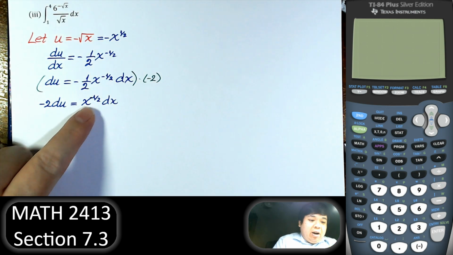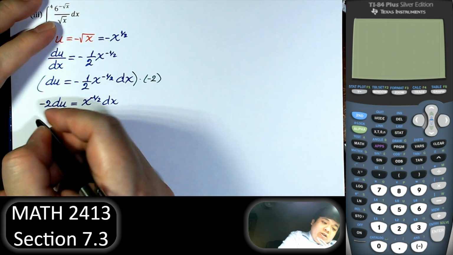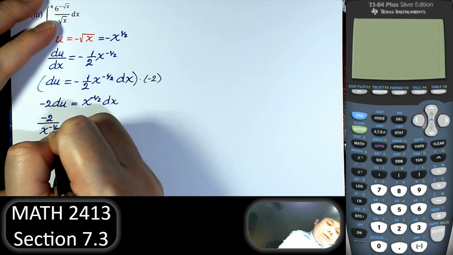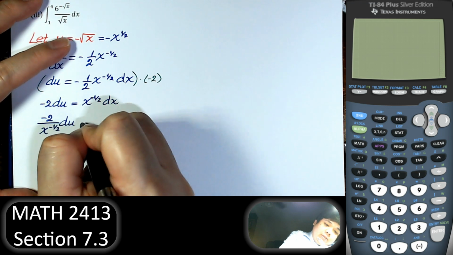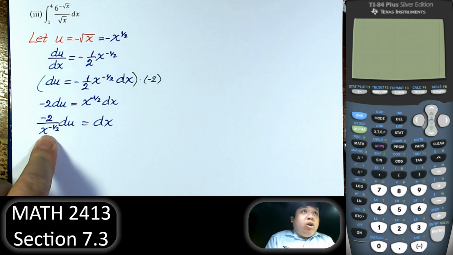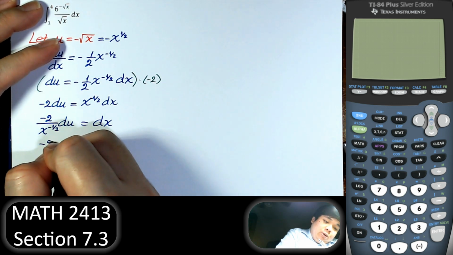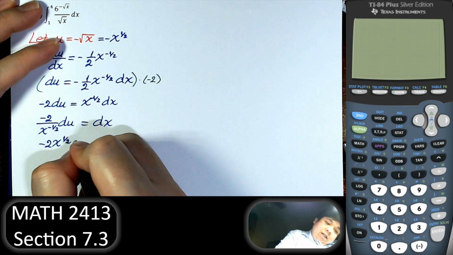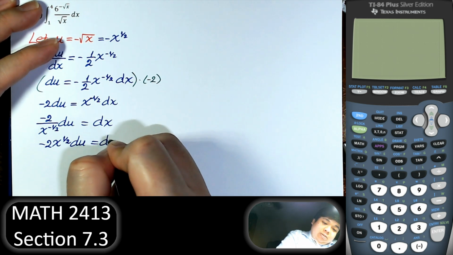Now we can divide by the x to the negative 1/2 to the other side, and a negative exponent moves to the top. We have negative 2 x to the 1/2 du is equal to dx.